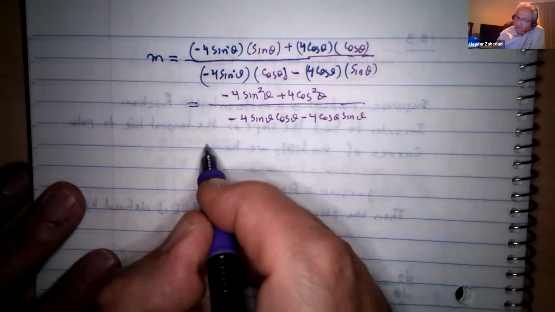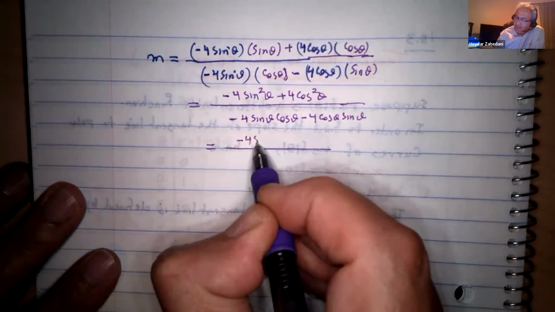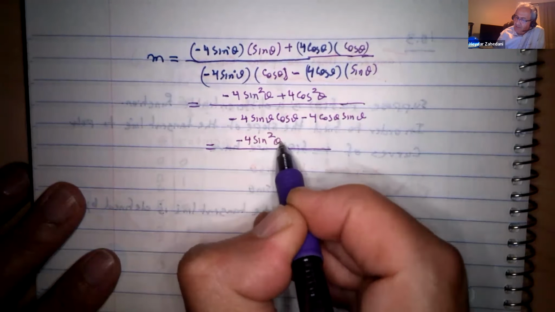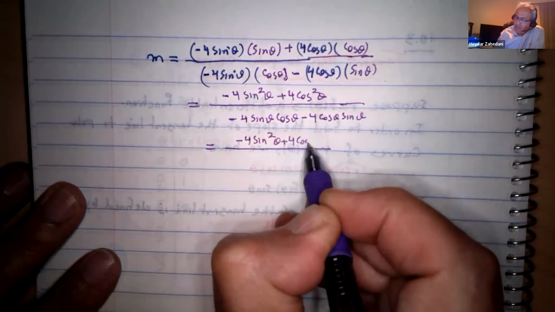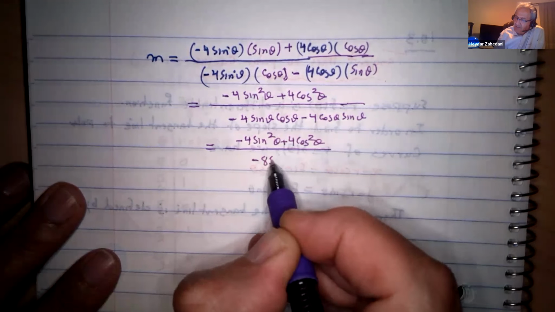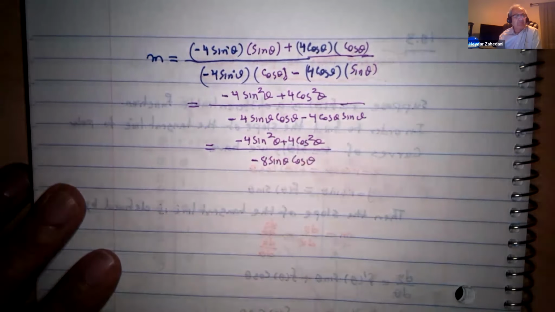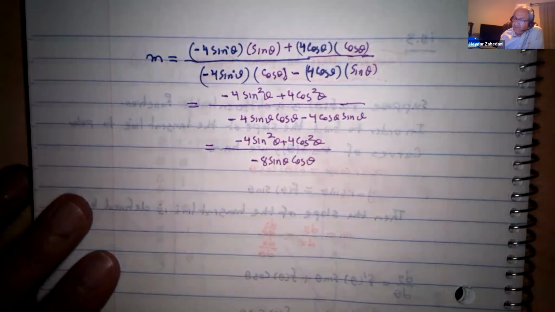You can use some trigonometric identities if you like, or just write it down as is. So the bottom one would be negative 8 sine of theta cosine of theta.